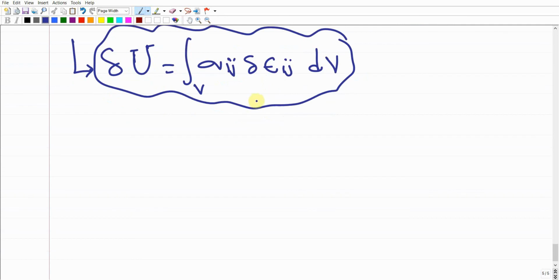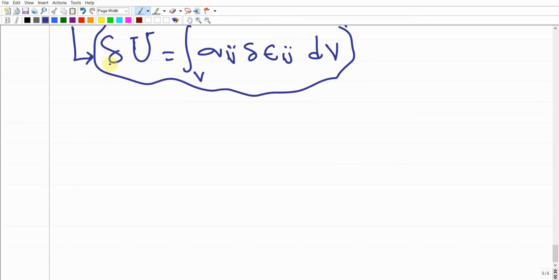But if we decided to write this in terms of the variation of U, which is delta U, the variation of the displacement, simply we can substitute for epsilon_ij as 1 over 2 (u_i,j plus u_j,i), as we agree, right?